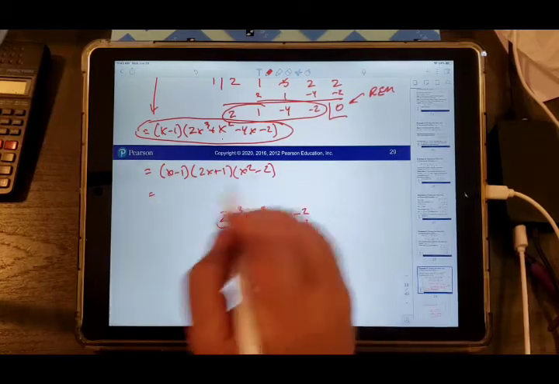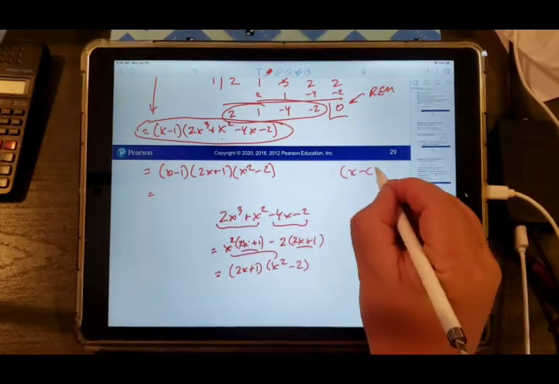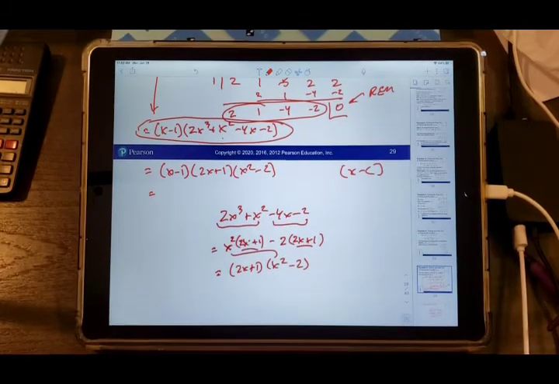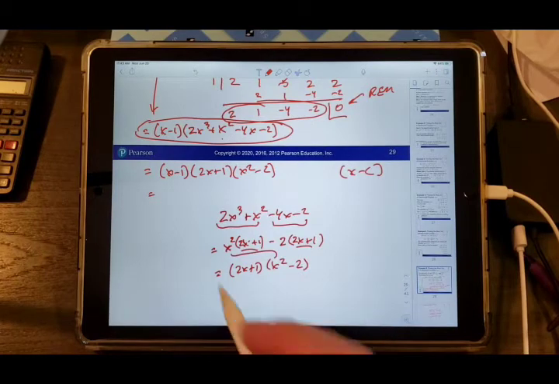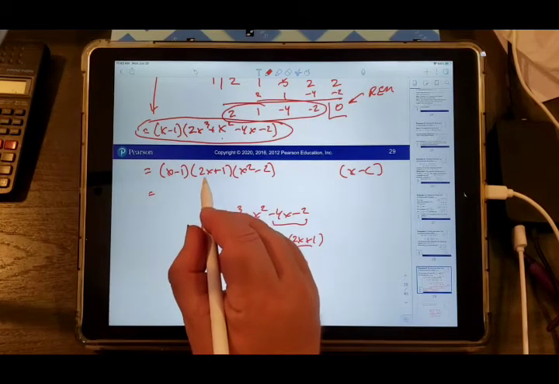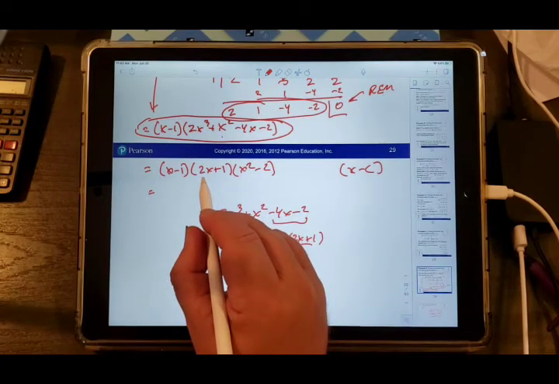So to make this answer look like the other answer, remember I said x minus c is the way we identify zeros. Well, that's not x minus anything, or I guess x plus, it's 2x.